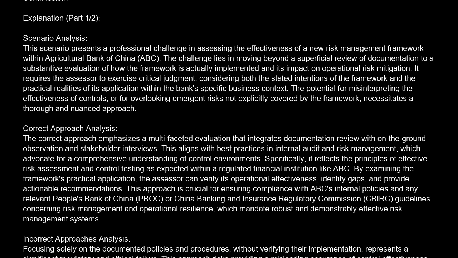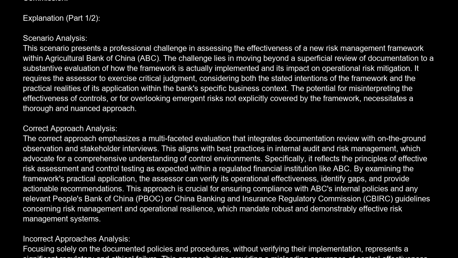By examining the framework's practical application, the assessor can verify its operational effectiveness, identify gaps, and provide actionable recommendations. This approach is crucial for ensuring compliance with ABC's internal policies and any relevant People's Bank of China, PBOC, or China Banking and Insurance Regulatory Commission, CBIRC, guidelines concerning risk management and operational resilience, which mandate robust and demonstrably effective risk management systems.